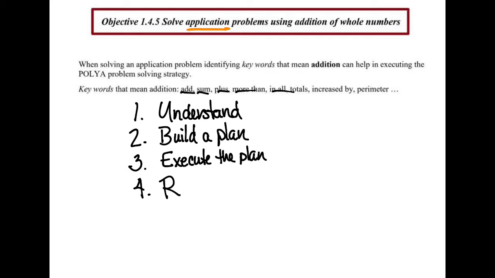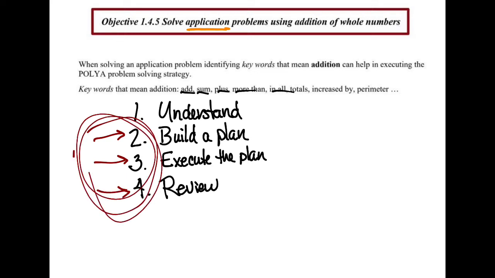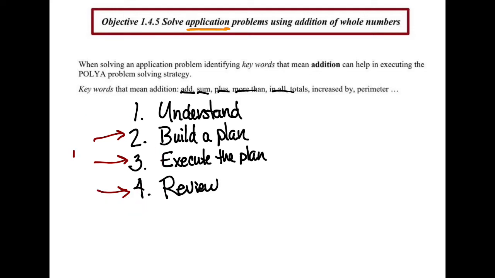And then 4 is review. If it works, great, you're done. If it doesn't work, then you come back up here and you build a new plan, and then you execute the new plan, and then you review the new plan, and you keep going through these last 3 until you get the answer that you're supposed to get. All right, so Uber, that's what we're going to remember.